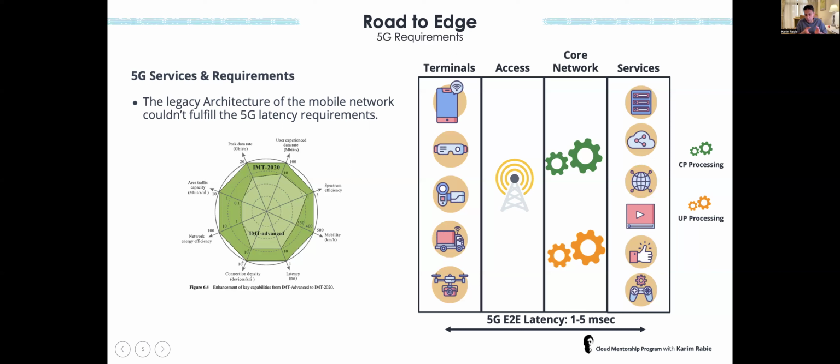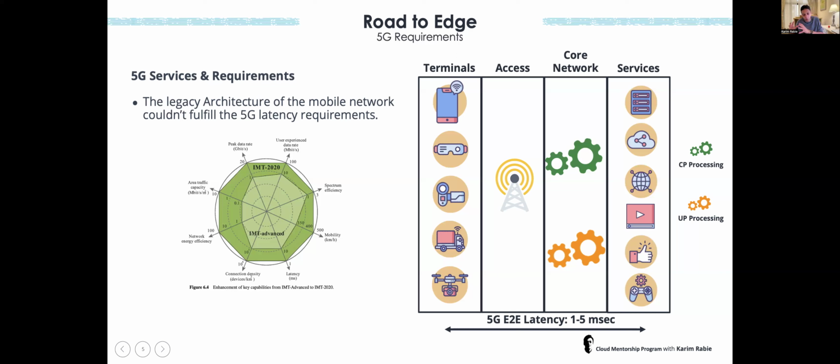With 4G, it was 20 to 50 milliseconds, so it was okay. But if you need 1 millisecond from the terminal to the service, then there is no way you can have the user plane part of the core in the regional or national site, away from the access site, and no way your service can lie in one of the service providers' data centers.